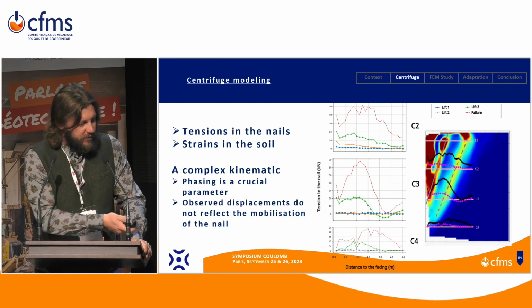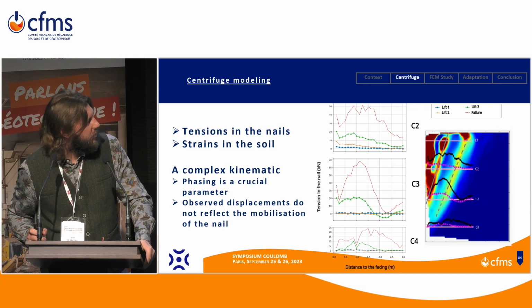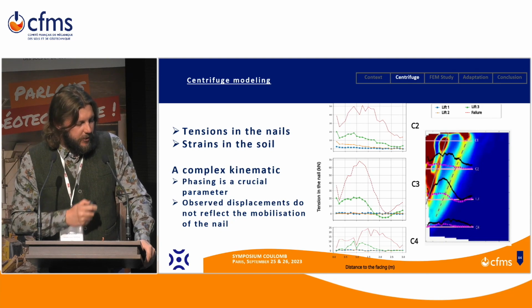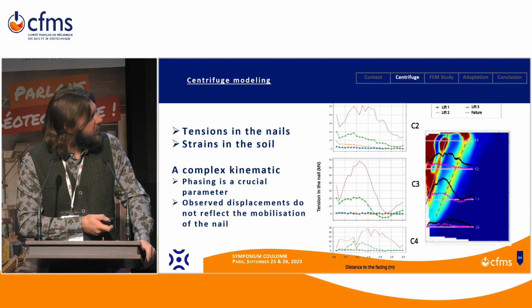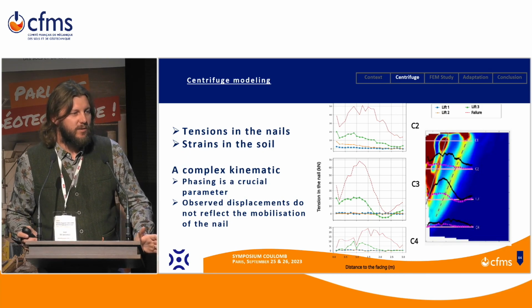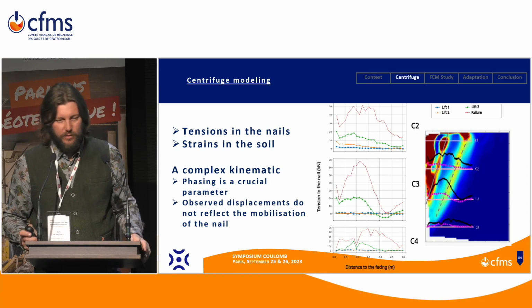So we have this complex kinematic, which once again highlights the importance of construction phasing, and also it says that we cannot use the observed displacement in the centrifuge to put them in Prosper as a mobilization function.